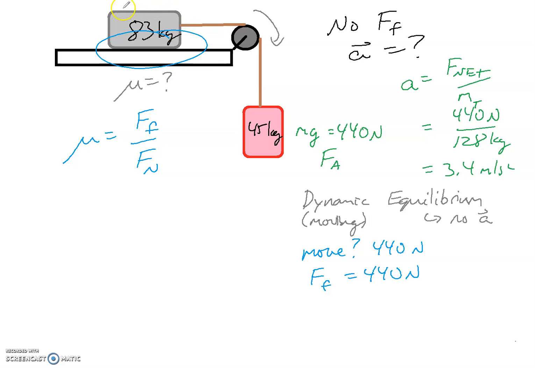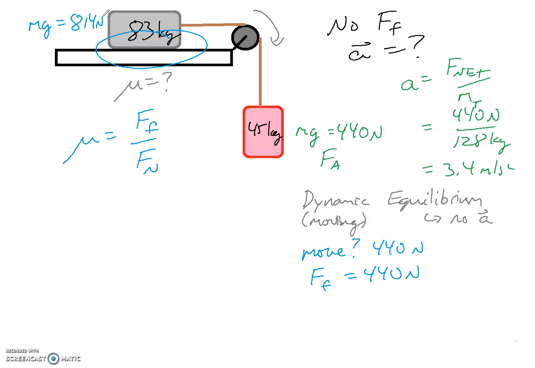The normal force would just be the weight of this box, because that is where the normal force is coming from. So if we do 83 times 9.81 to find the weight of this box, the mg for that box is about 814 newtons. That is what is supplying the pressure, or the normal force, between the two surfaces.